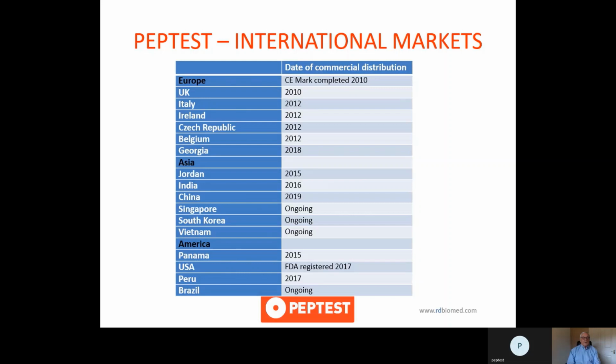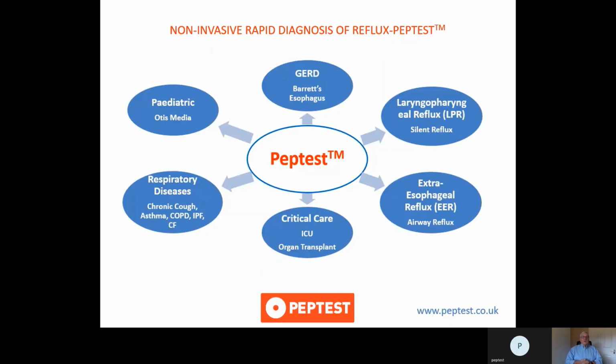China is a very large PEPTEST market for us. We have registrations ongoing in Singapore, South Korea and Vietnam. It's also been registered with the FDA since 2017, and we're getting registrations in other South American countries. Just to remind you, PEPTEST is a non-invasive, very rapid diagnostic reflux test.